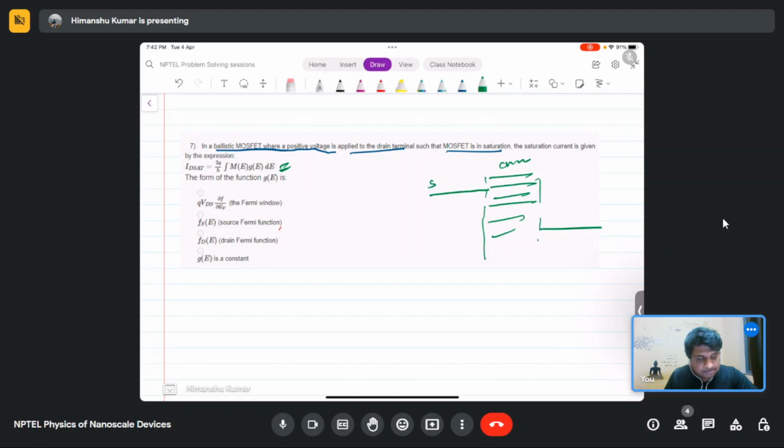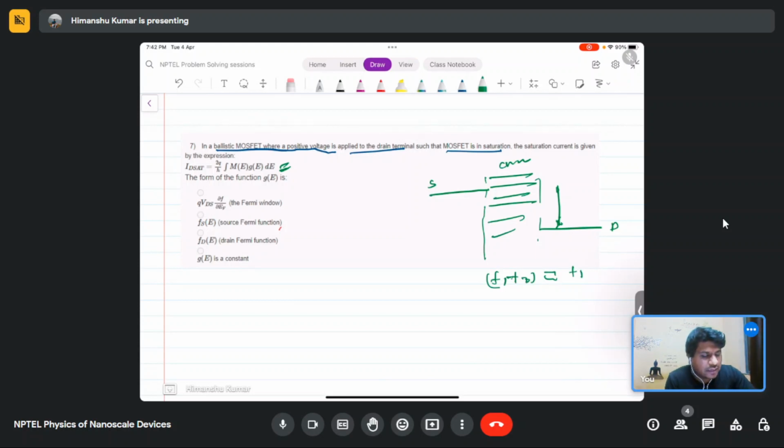and this is the Fermi level in the drain region. So if the voltage applied is large, then we can approximate this difference f1 minus f2 to approximately f1.